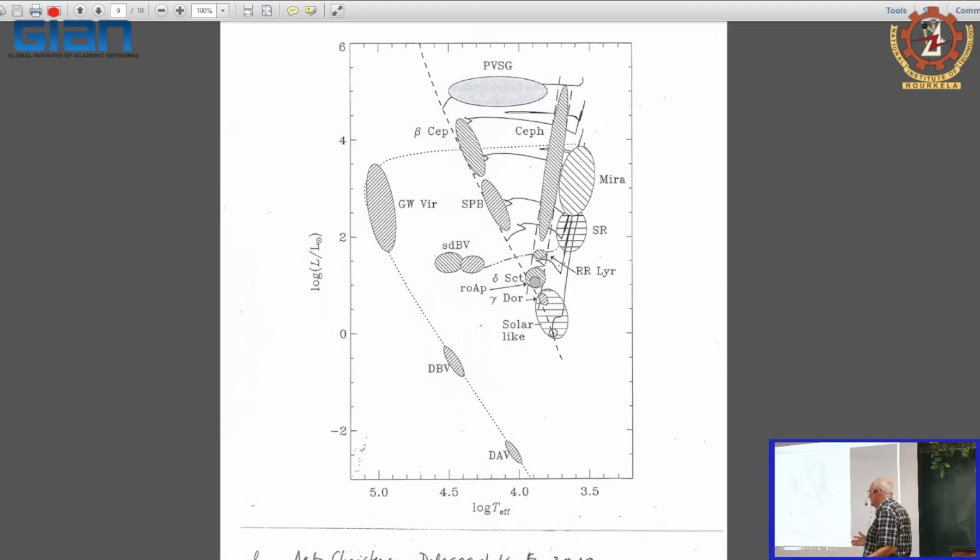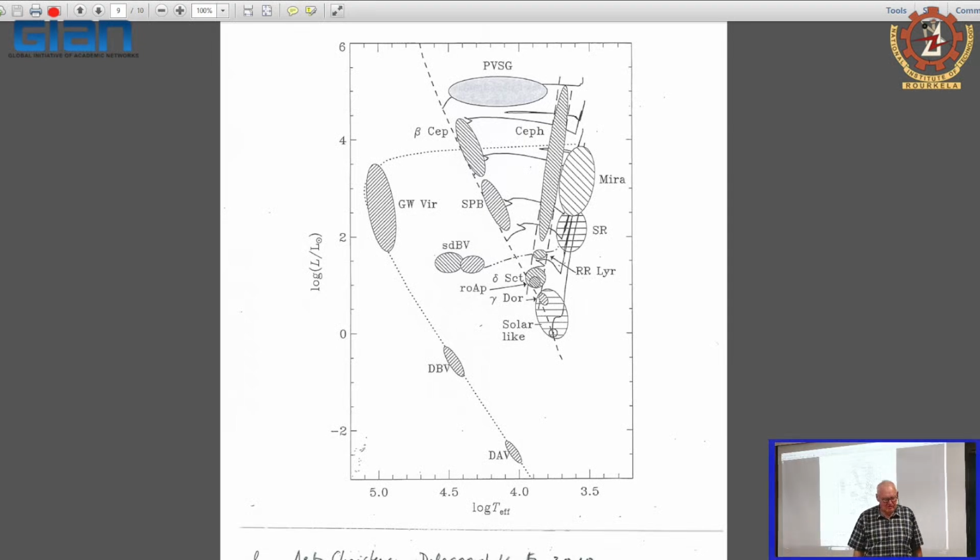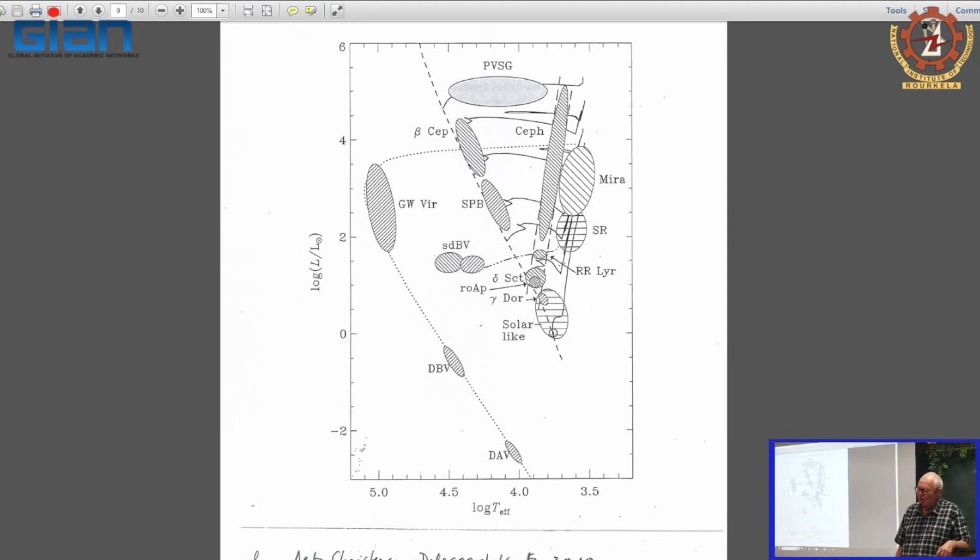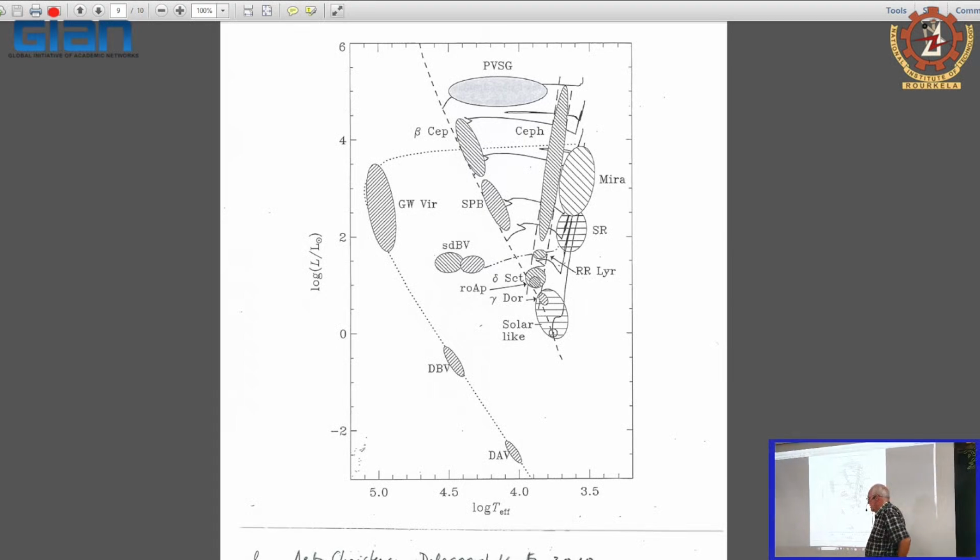So if you know the period of a pulsating Cepheid, you know its absolute magnitude or its luminosity, and of course we would like to know how this period-luminosity relation may be justified.